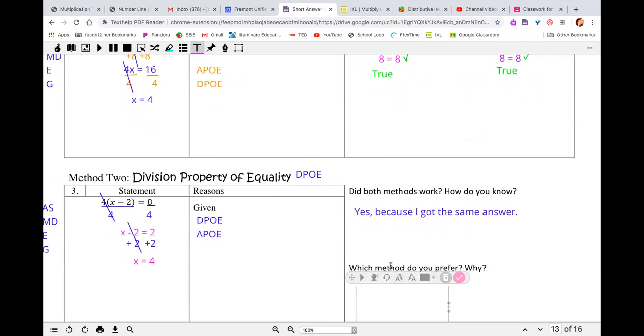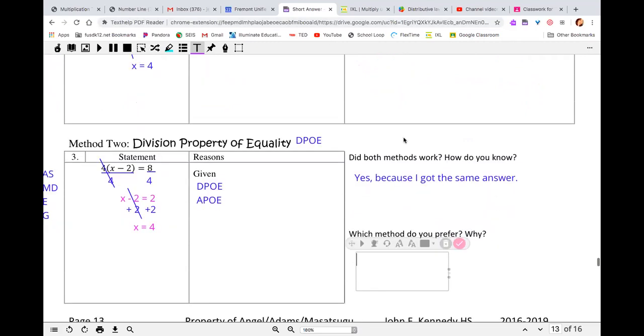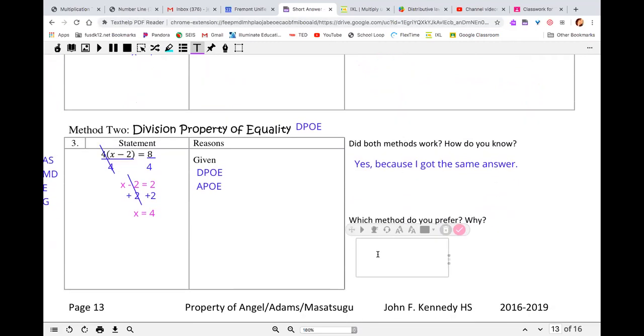So does anyone want to share what they wrote down? Options in here, DPOE or distributive property.